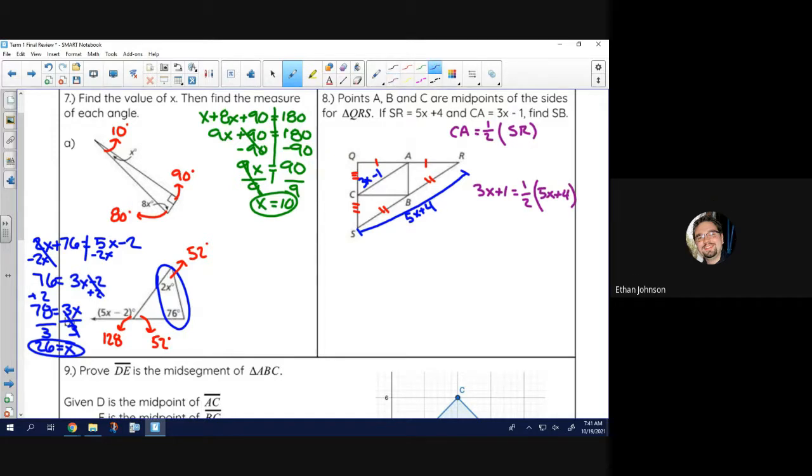So solving, we distribute. So 3x plus 1 equals 2.5x plus 2. Subtract 2.5x from both sides. So I get 0.5x plus 1 equal to 2. Minus 1 from both sides. 0.5x equals 1.